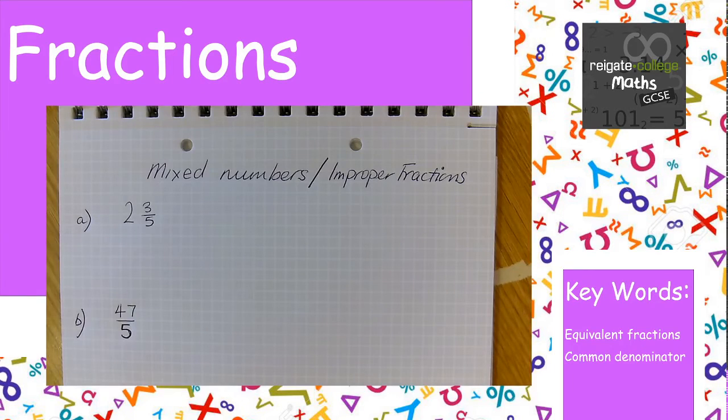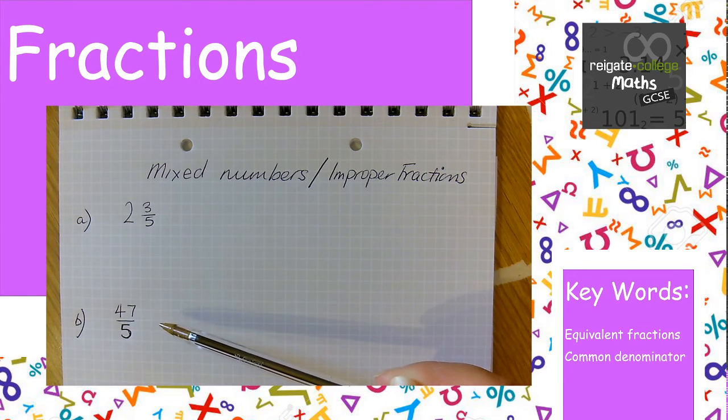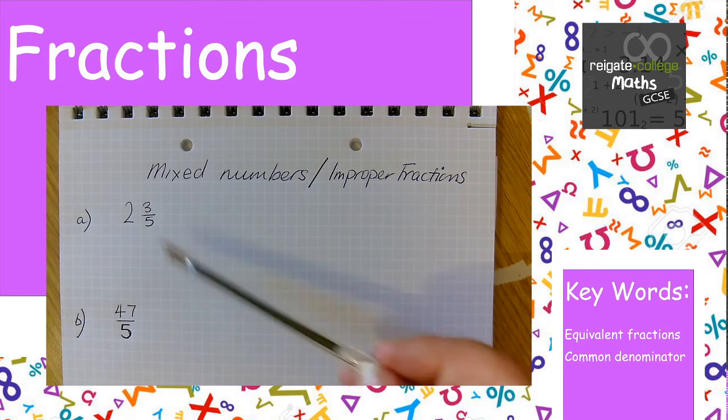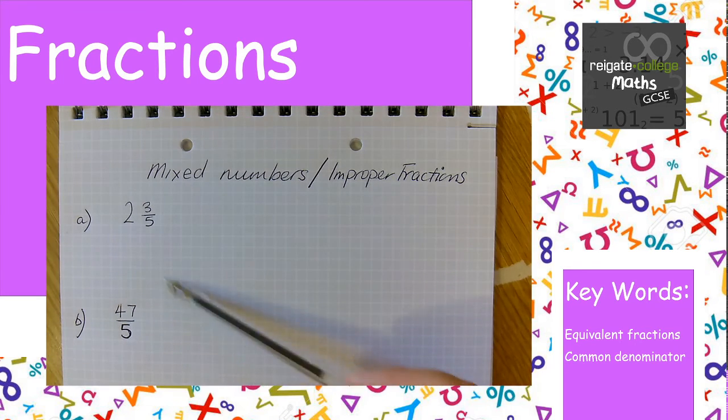Here I have an example of A, a mixed number, and B, an improper fraction. I need to be able to switch from this form to this form and back again easily. First of all, I'm going to show you how to turn the mixed number into an improper fraction.